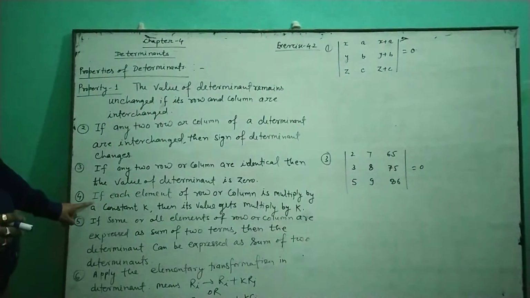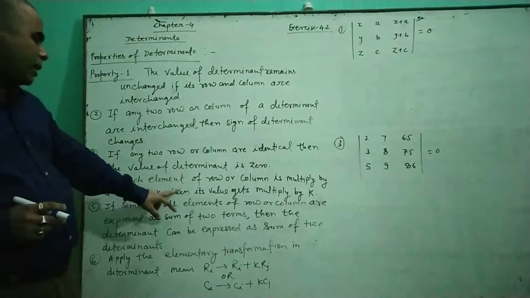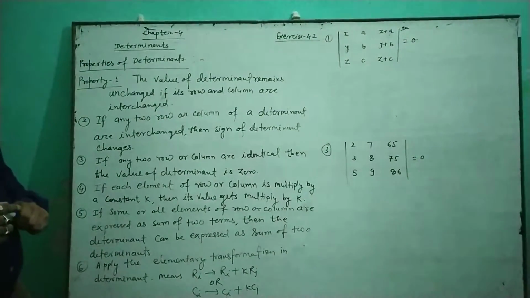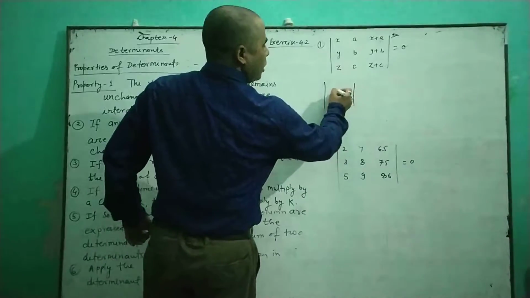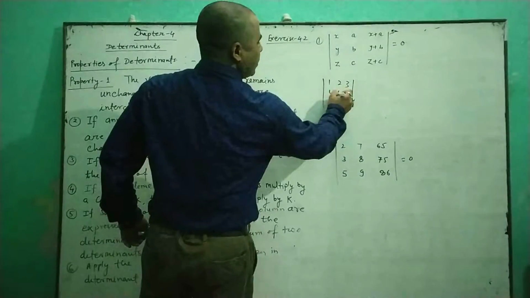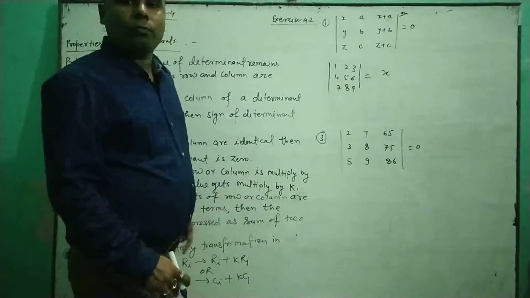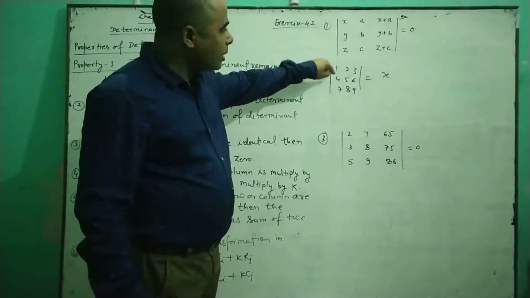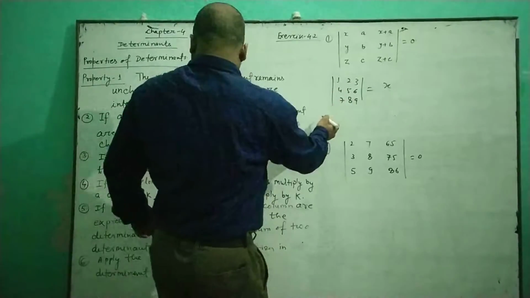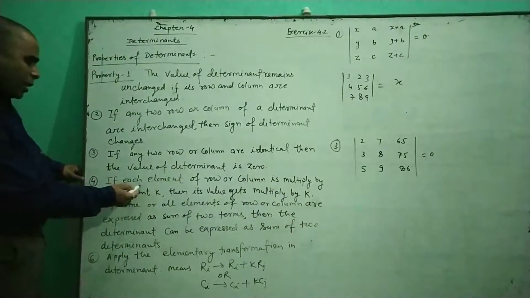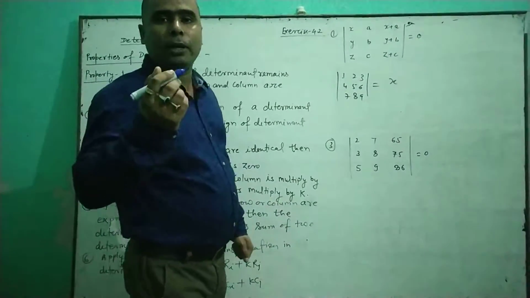Now the next one is: if each element of a row or column is multiplied by a constant k, then its value gets multiplied by k. Suppose that the value of a determinant 1, 2, 3, 4, 5, 6, 7, 8, 9 is equal to x. And we have to multiply this determinant by 2. Suppose that we multiply the first row by 2.